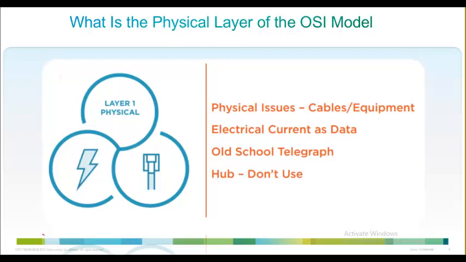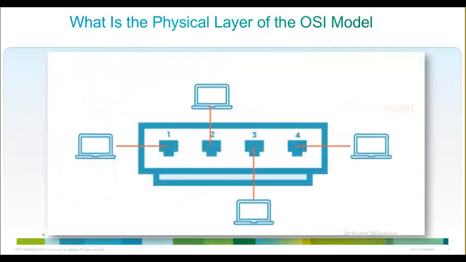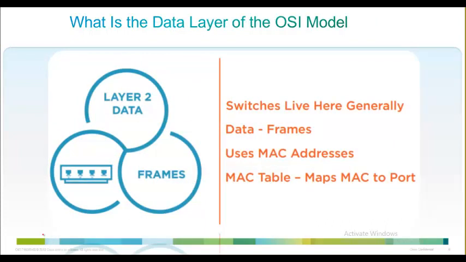Now we are getting into another layer called data link layer. The data link layer is the second layer, and this is the layer where the switch, say switches, not hub.